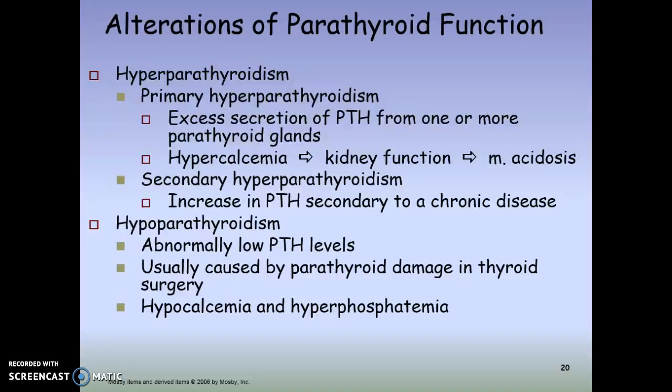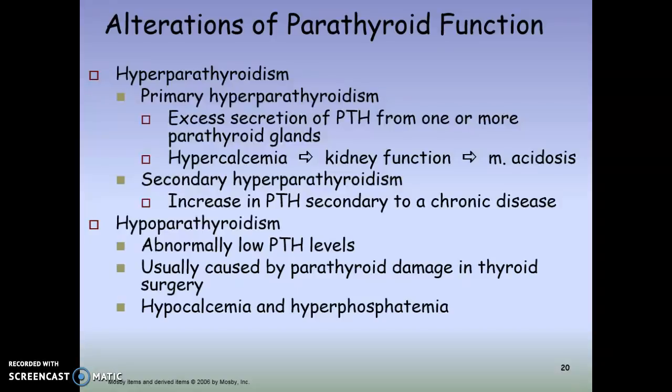So, having too much PTH, hyperparathyroidism, is going to cause excessive osteoclastic and osteolytic activity, which we'll review in the muscular system. That acts on bone to release calcium. All right. That excessive osteoclastic and osteolytic activity results in bone resorption.